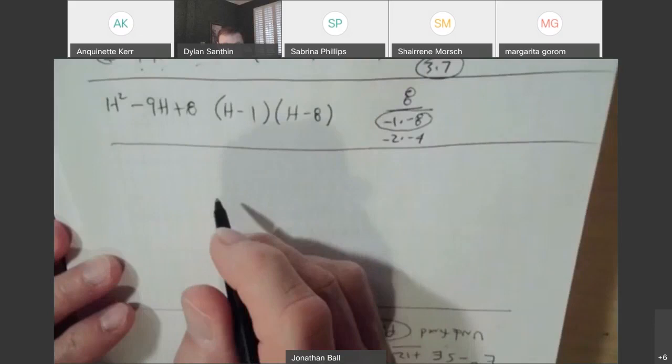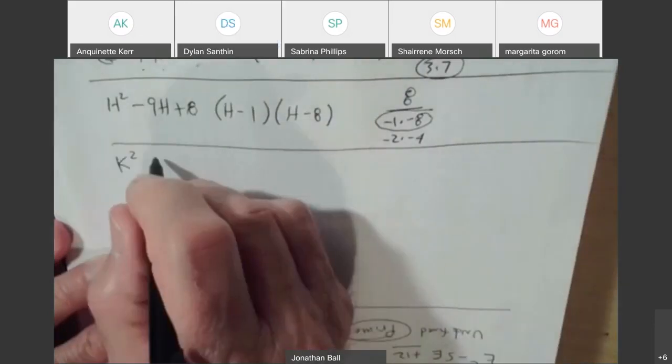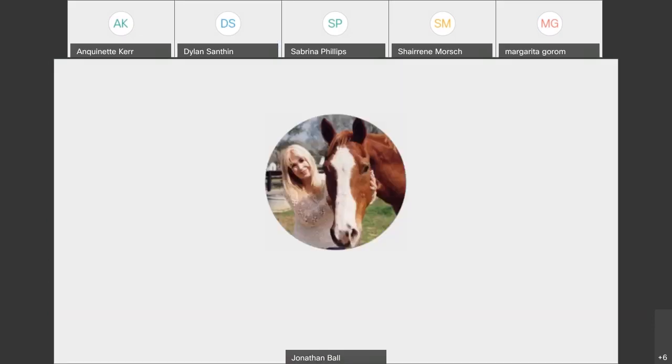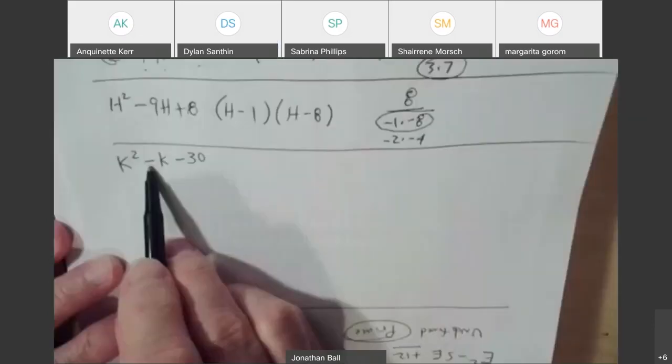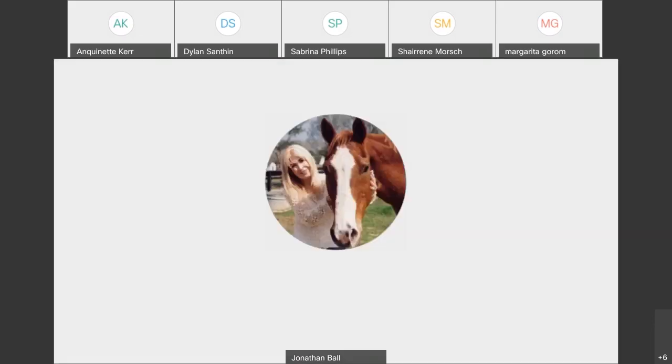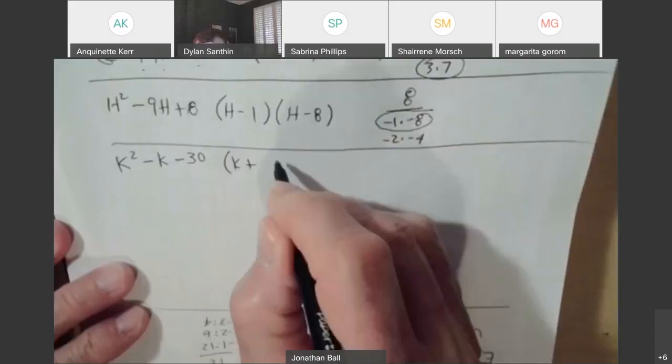k squared minus k minus 30. Okay, for the linear term to be negative and the constant to be negative, we have to have k plus something and k minus something.